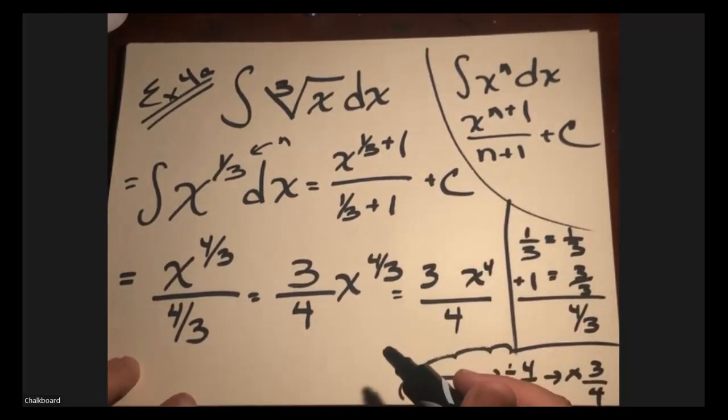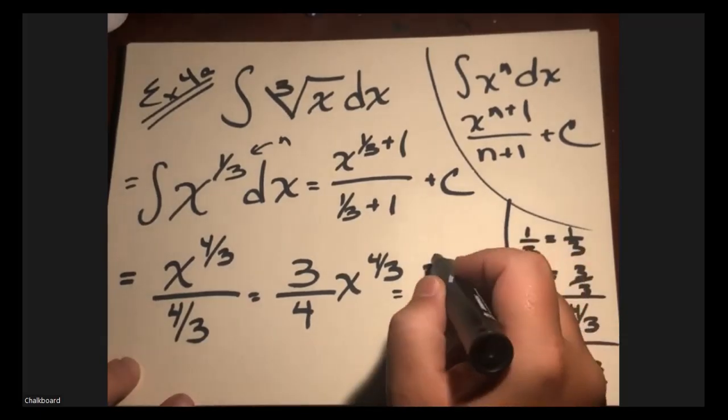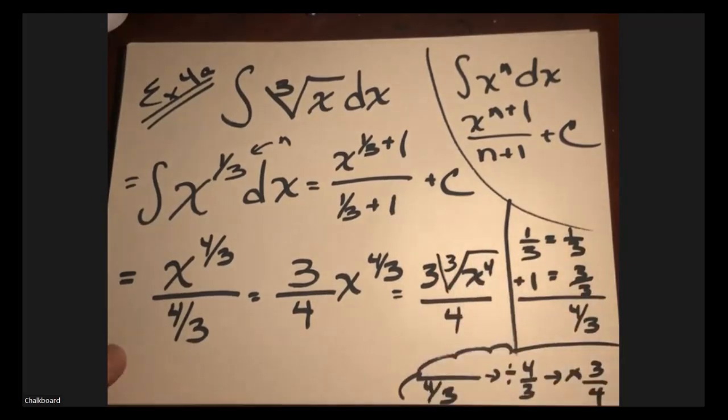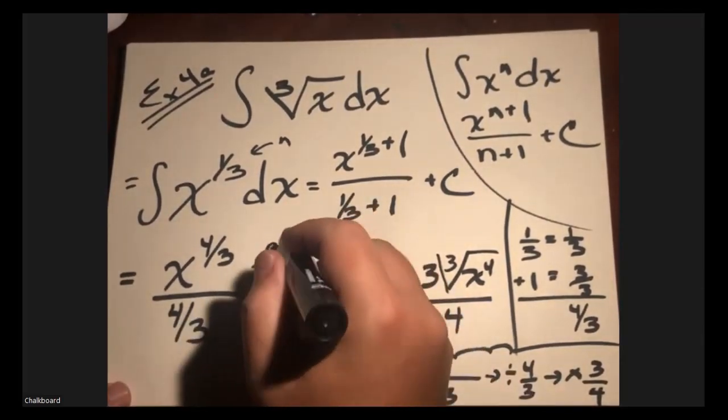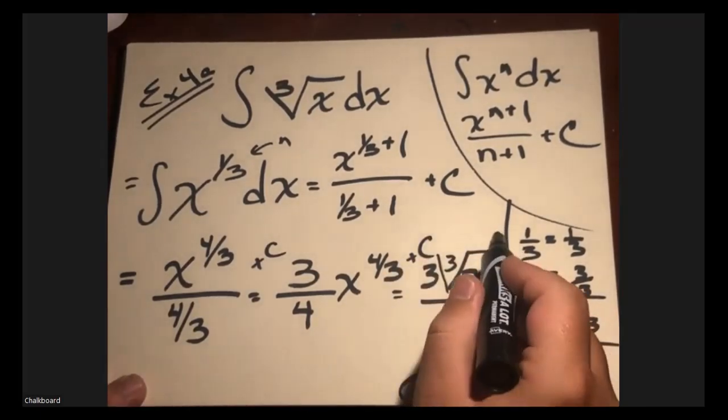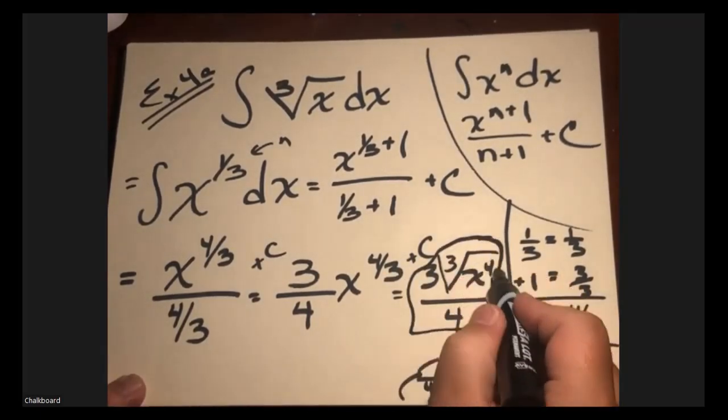That means 3 is the index, and it has a root in it, looking kind of like this. Again, write big, because as you can see, it's kind of complicated, depending on how far you need to go. And by the way, don't forget that plus c. Don't forget it's also plus c to make it correct. Now you have the correct answer.